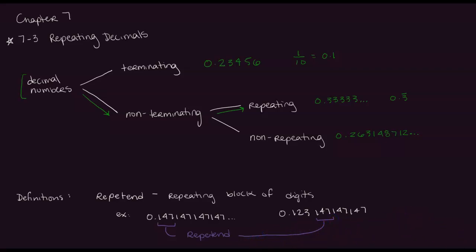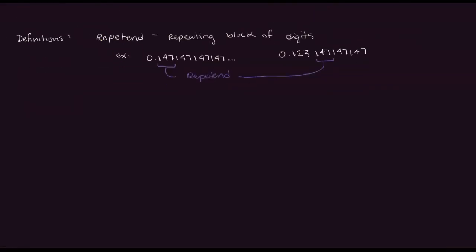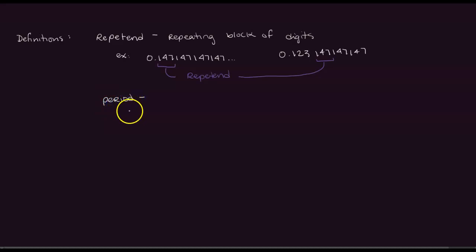Another definition that we need for this section is the period. The period is essentially just the number of digits in the repeatend.